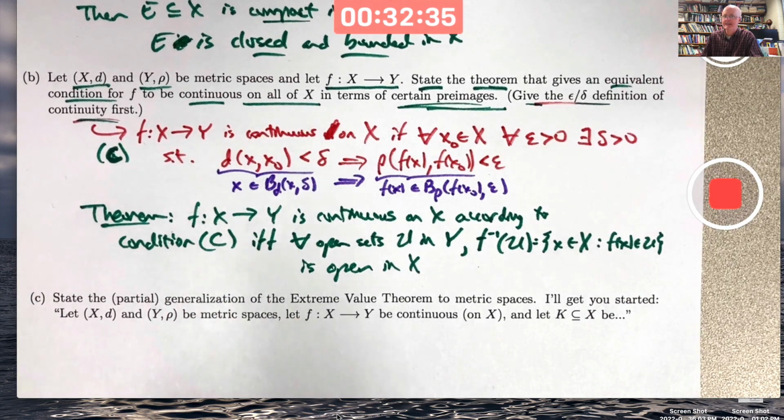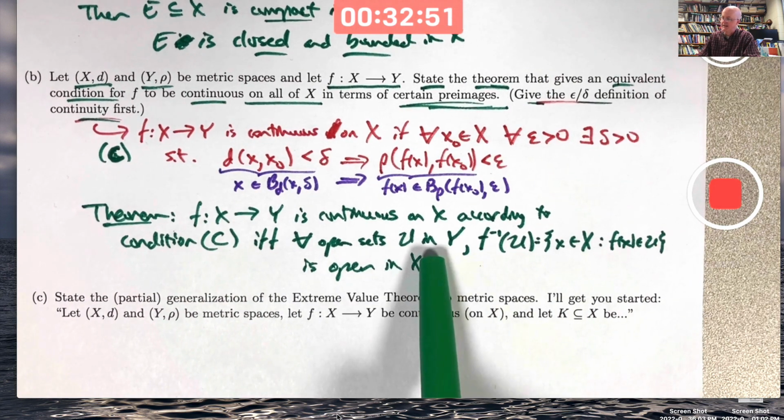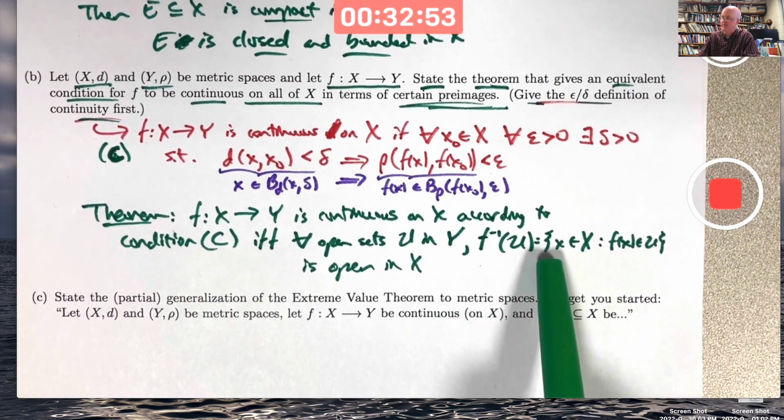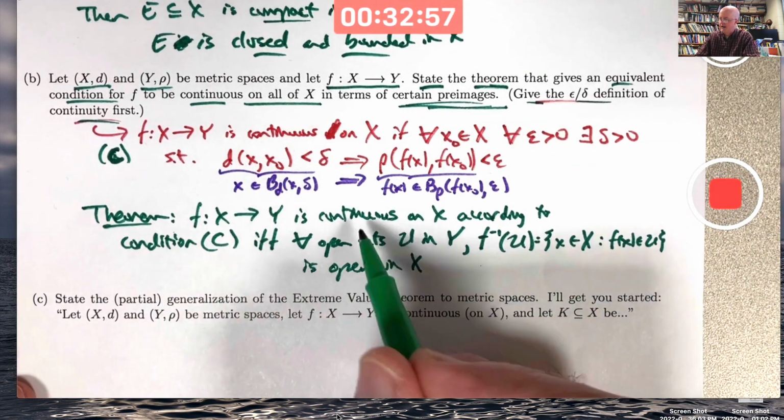I mean, metric spaces are important examples of topological spaces, but there are some topological spaces that are not metric spaces, so you do want to have a definition of continuity purely in terms of open sets, and it turns out, because of this theorem, that the preimage idea is the key idea. For every open set in Y, the preimage of that open set is open in X. That's equivalent to being continuous on X.